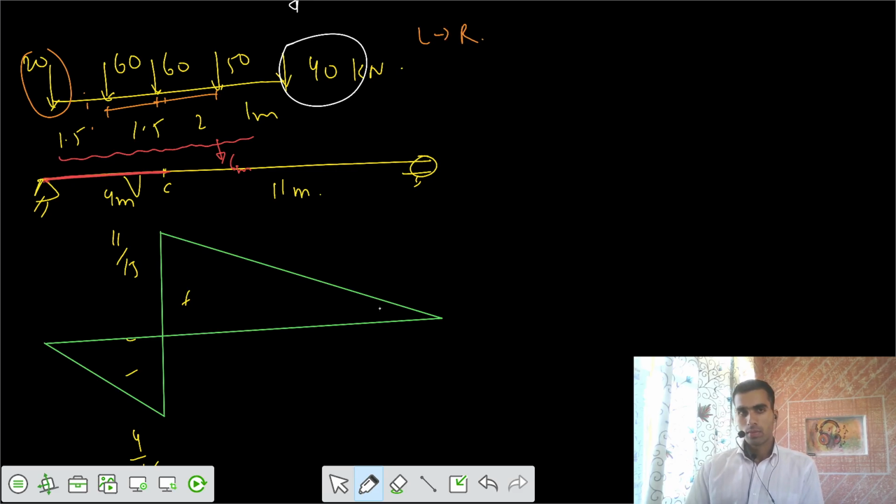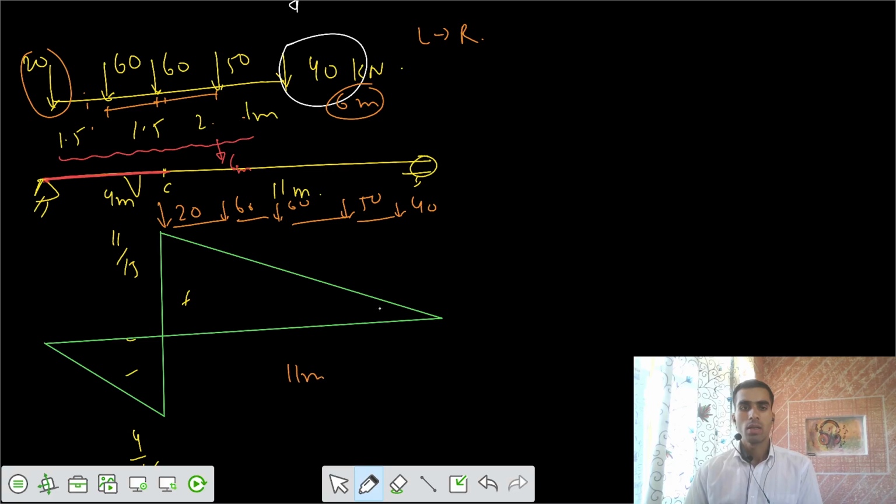Now the thing is, which of the loads would you prefer on the peak? Take 20 kilonewton here, 60 here, 60 here, 50 here, and 40 here. The total length of the loads is 2 plus 1 is 3, 3 plus 3 is 6 meter. Total length is 6 meter. We have 11 meter here at the bottom. That means you can get the ordinates also.